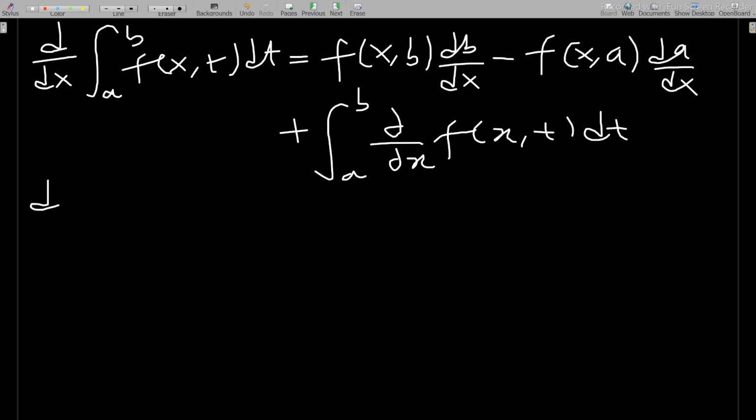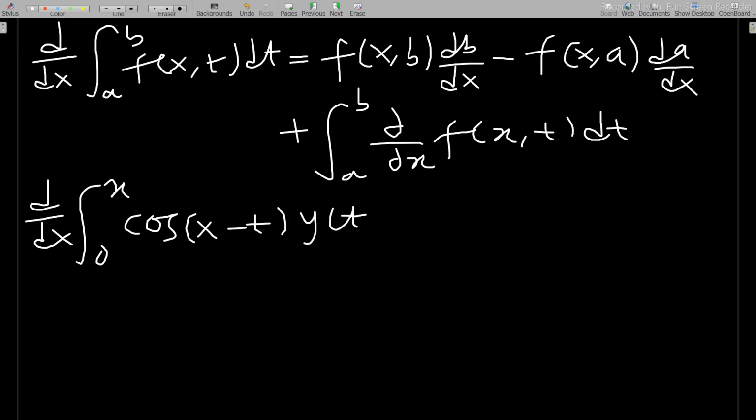So the differential of this from 0 to x, then we have cos of (x minus t), y of t dt, will then be equal to f of (x, x), that is f of (x, b) was given as f of (x, x), and that was y of x in the question. That is what we just found, okay?